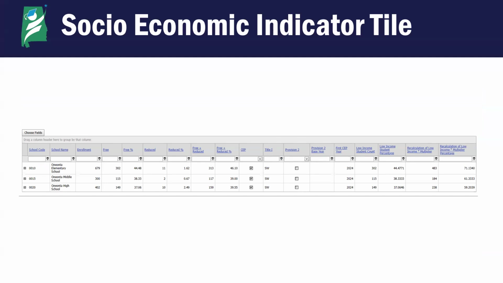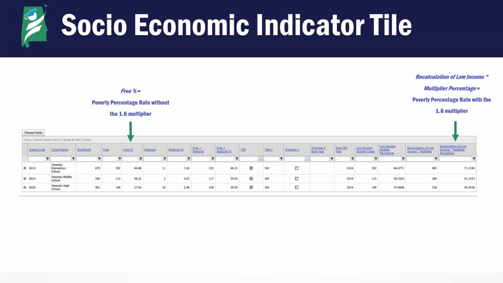Now, what are you looking for here? There's two particular columns that you need to ensure that you are looking at as you weigh both options. And I'm going to show those to you now. First of all, if you want to see what the default option is going to be, that is the option where you're using the 1.6 multiplier, then you're going to look at this very last column, which is called the recalculation of the low income and the times the multiplier percentage column. That is your percentage with the 1.6 multiplier.